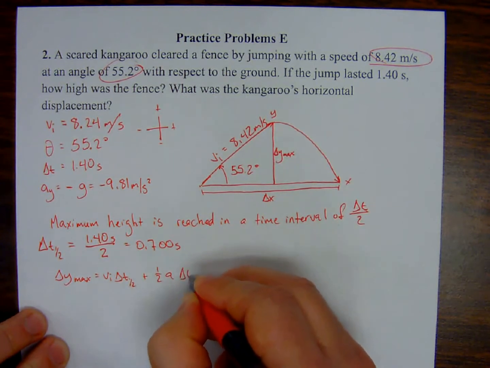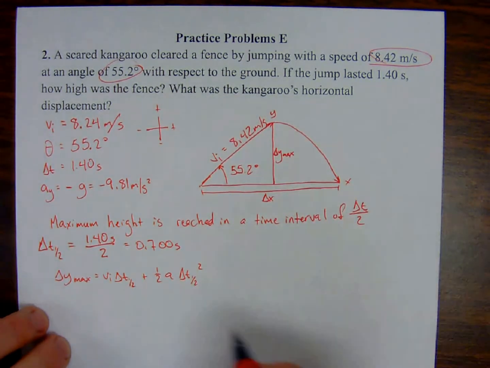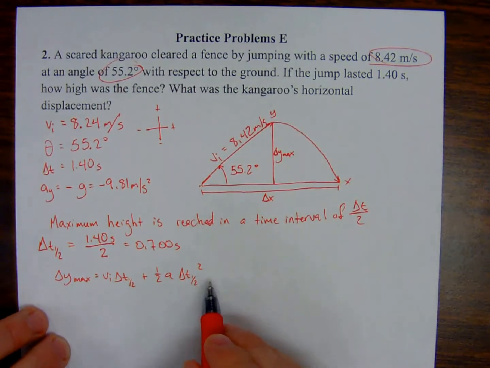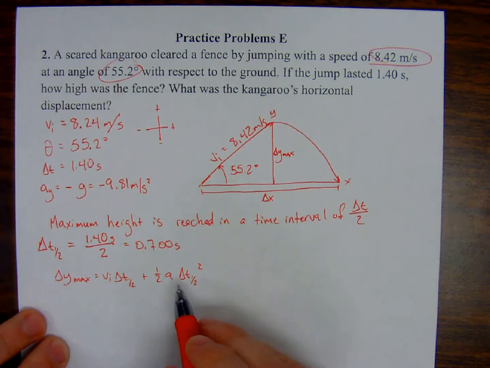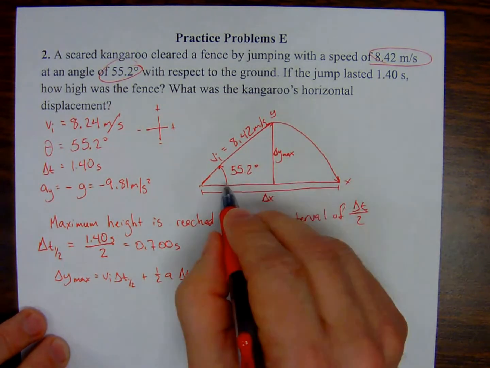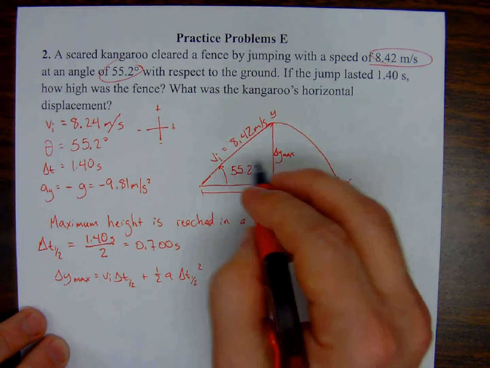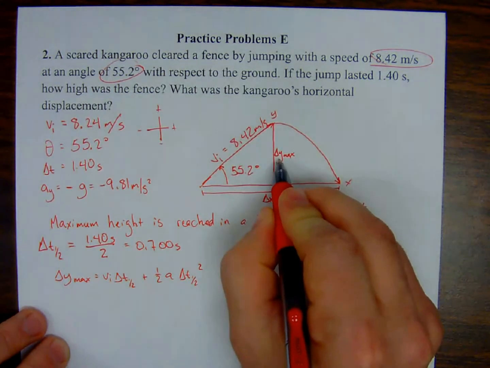Now, this is a triangle here, and I'm looking specifically for the y max, not the entire result, just the y component. Here's the angle. This is opposite over hypotenuse, so I have to use the sine of the angle.